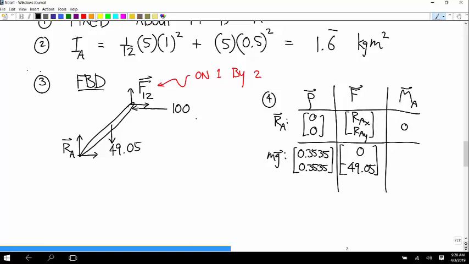And what's the cross product? Minus 17.34.